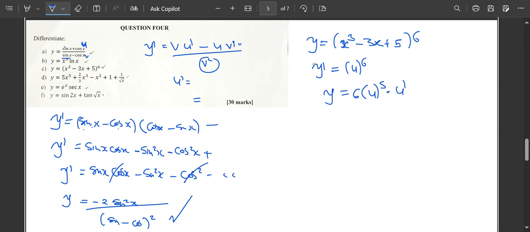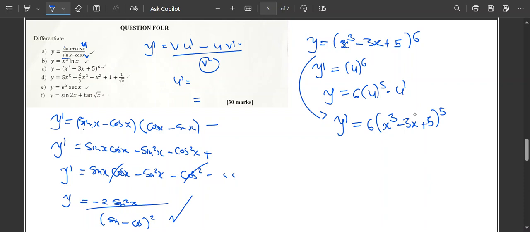So for this case now, say y prime is equal to, you differentiate this one, that will be now 6, this 6 there, open bracket. I maintain now what is inside, x to the power 3 minus 3x plus 5, then open bracket, that will be now 5, right?